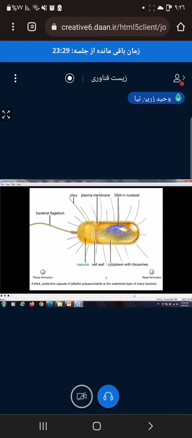A thick, protective capsule of jelly-like polysaccharide is the outermost layer of many bacteria. Most bacteria have a semi-rigid or rigid cell wall that surrounds the plasma membrane, supports the cell, and imparts shape to it. The tiny volume of the cytoplasm is continuous with the region of DNA. Ribosomes give the cytoplasm a grainy appearance.